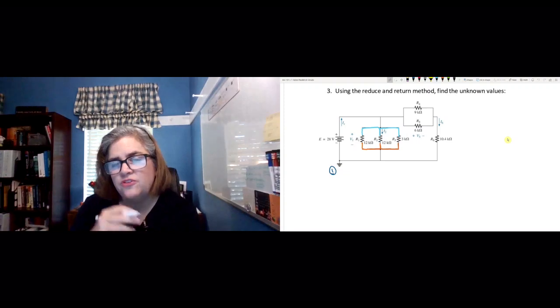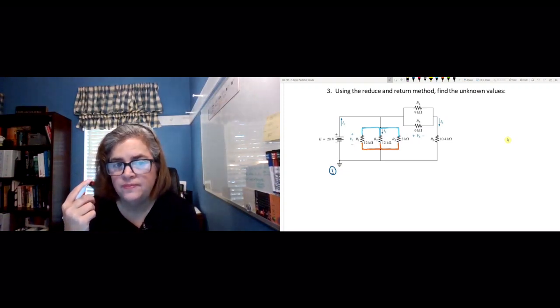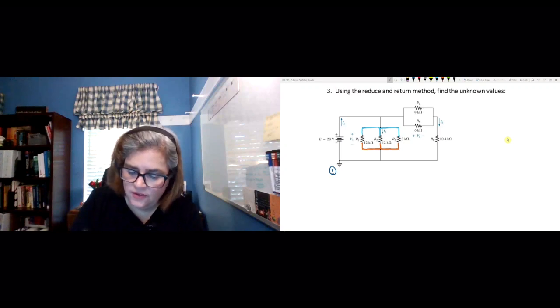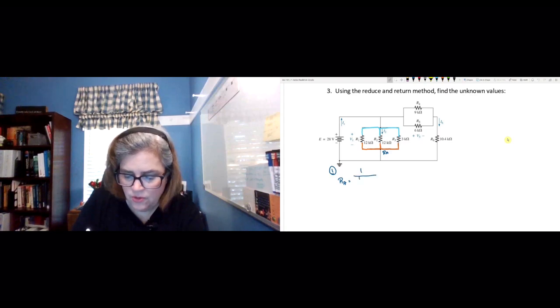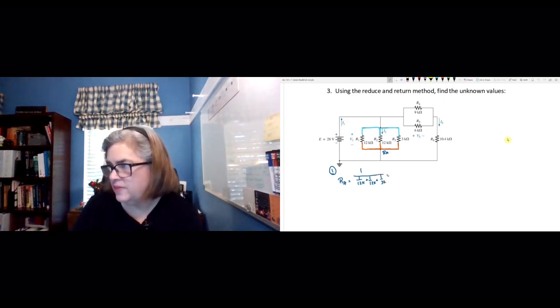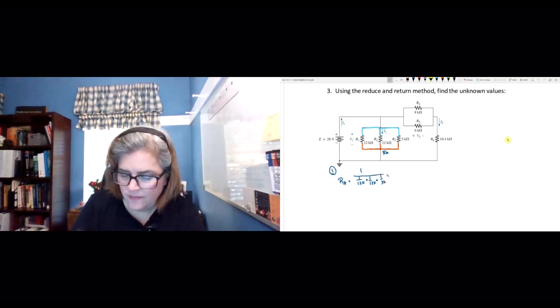Whenever we see resistors that are connected in two places, we think, oh, those are in parallel. So I would call that RA, and to calculate RA would be 1 over 12K plus 1 over 12K plus 1 over 3K. So the total there would be 2K.